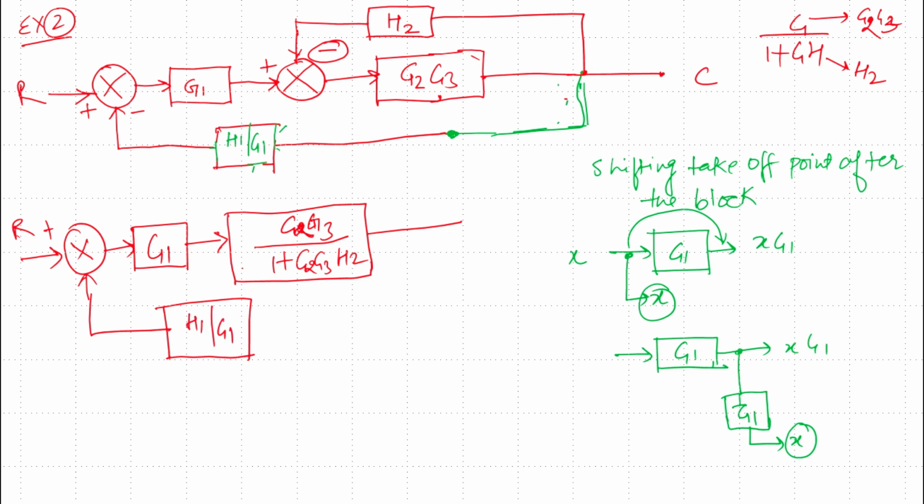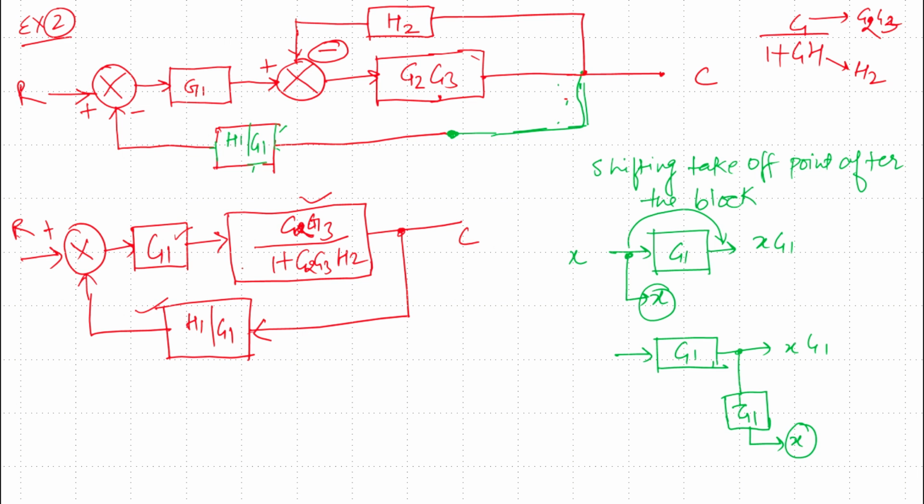The gain will be H1 by G1, and there is a takeoff point from where the feedback is taken, and this is the output. Now clearly these two blocks, G1 and this one, are in series, so we can multiply the gain of these two blocks and replace them with a single block, and these two blocks are in feedback with this H1 by G1.